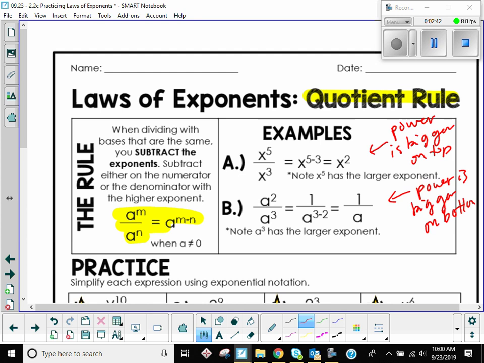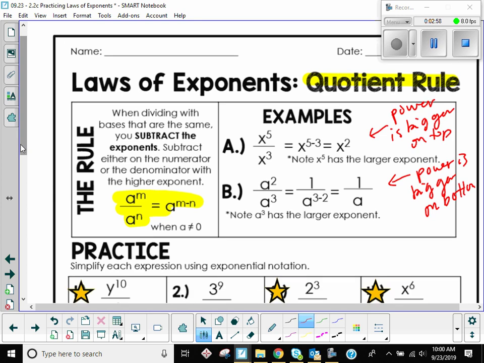So here it's x to the 5th, x to the 5 minus 3. But in part B, when the exponent's bigger on the bottom, you do the math on the bottom. You do the subtraction there, and you leave a 1 on top. What's really happening there is everything is canceling out. Some students will forget to leave this 1 here, but here's what's really going on, and we explored this Friday. You have 2 A's on top, 3 on the bottom.